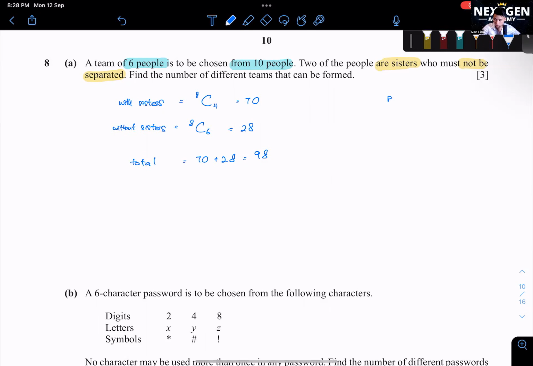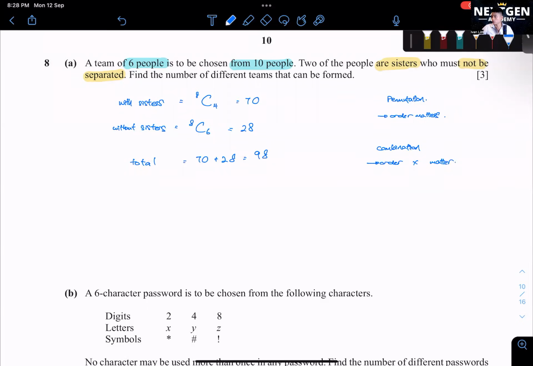Permutation. It's based on the question. Permutation, order matters. Combination, order doesn't matter. So how to determine whether permutation or combination?